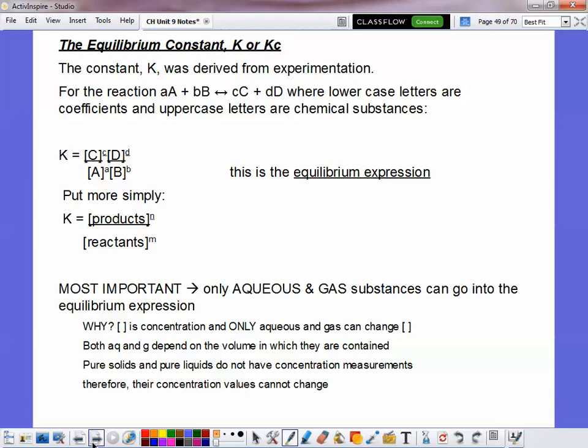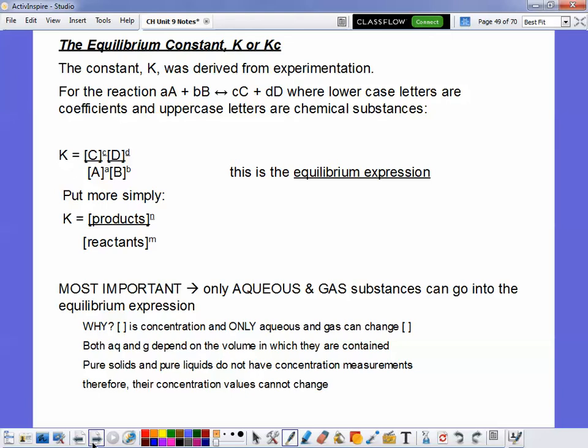Concentration. And I meant to say this before, but that's concentration in molarity, moles per liter. So you're going to take the substances on the product side, put them in brackets, raise them to their coefficient as a power. So if there's a coefficient of 2, you're going to square the concentration. If there's a coefficient of 4, you're going to, not quadruple, but raise it to the 4th power. Okay?